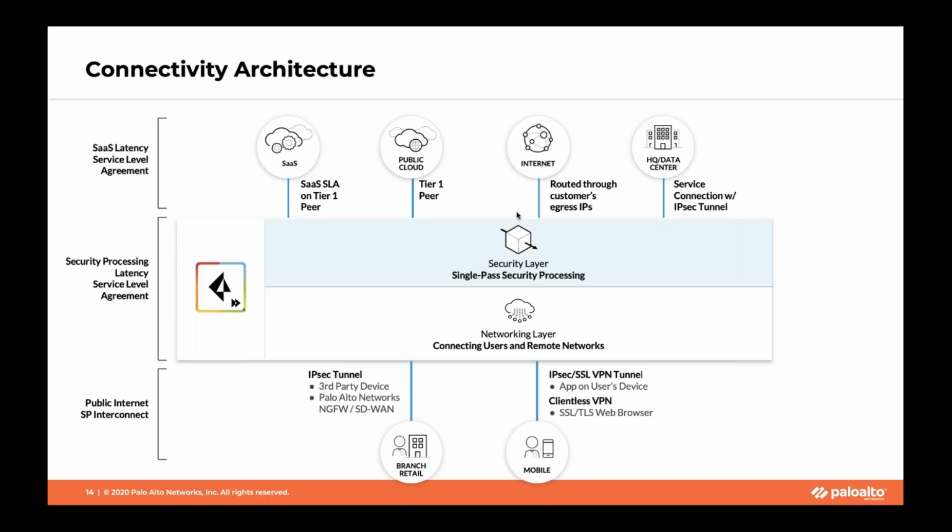This is also available in Prisma SaaS, okay? This is something we know from the on-premise next generation firewall. So we have a performant security policy while enabling content inspection like malware scanning, and also like threat prevention and URL filtering.